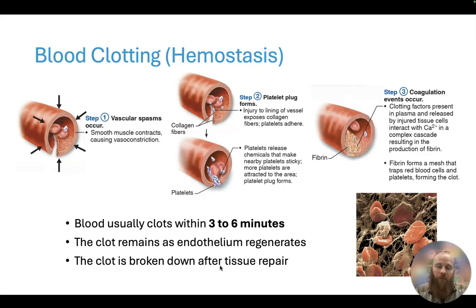Another important thing to know is that if you experience some sort of injury and you are losing blood, this first step, vascular spasm, is actually why it's effective to apply pressure to that point of injury, because we will increase the amount of smooth muscle contraction, further vasoconstricting in that area. So we decrease more the amount of blood that's coming to that area. If you have an emergency or any type of injury, you can apply pressure to an area where we're losing blood. That will help phase 1.